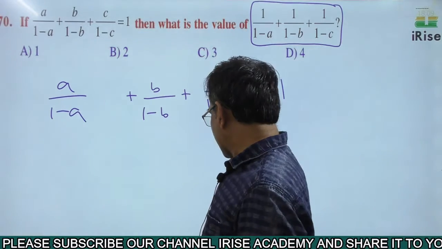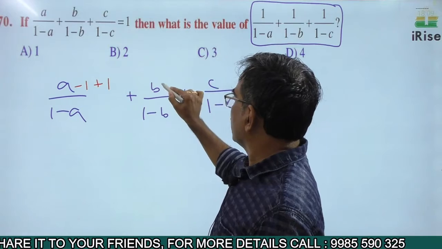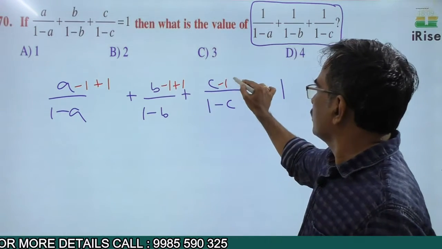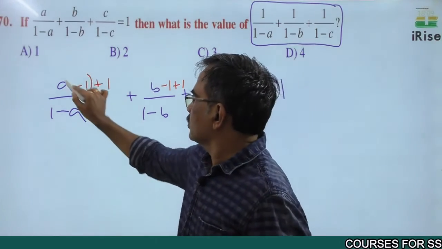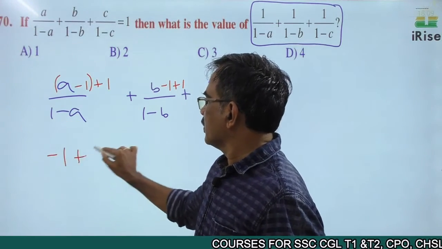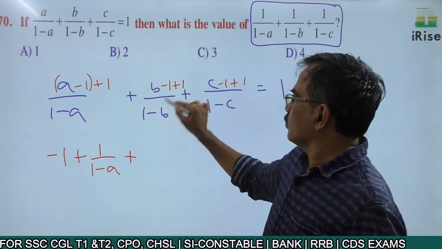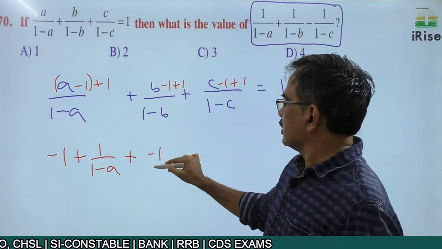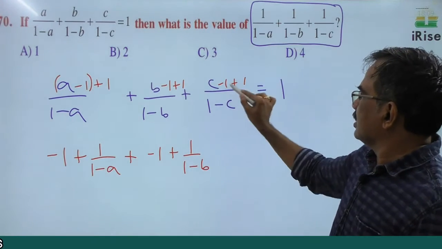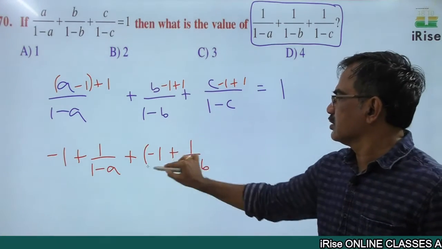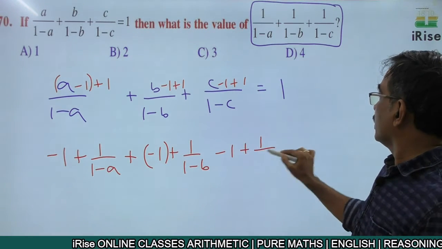So I want to subtract 1 and add 1 here in the numerator. Minus 1 plus 1, minus 1 plus 1, minus 1 plus 1. You get the answer easily. Here a minus 1 by 1 minus a is minus 1 plus 1 by 1 minus a. b minus 1 by 1 minus b is minus 1 plus 1 by 1 minus b. c minus 1 by 1 minus c is minus 1 plus 1 by 1 minus c.